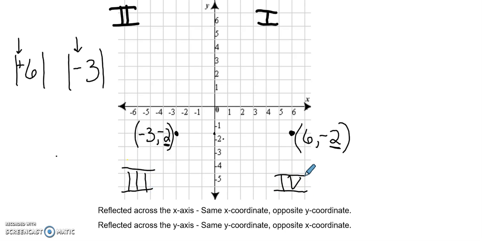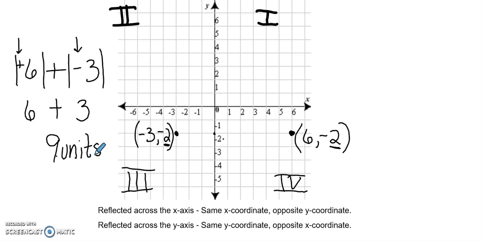If they are in different quadrants, that means I need to add the absolute values. So the absolute value of 6 is 6. The absolute value of -3 is 3. I'm going to add those 2 absolute values. My answer is 9 units.